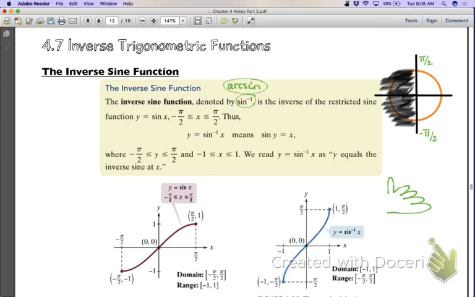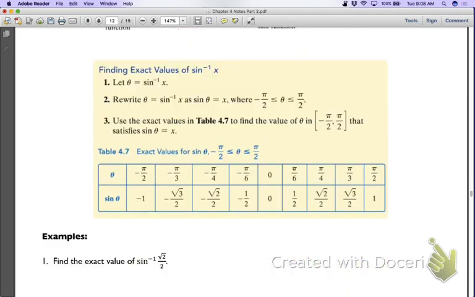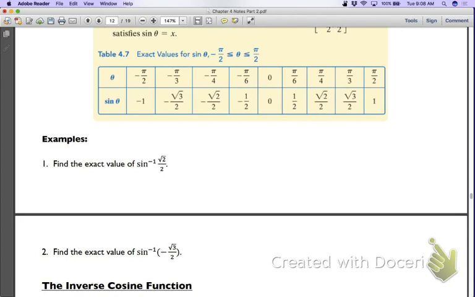Whenever we do this, you can use the table, but what do you notice about the table, with 0 in the middle?